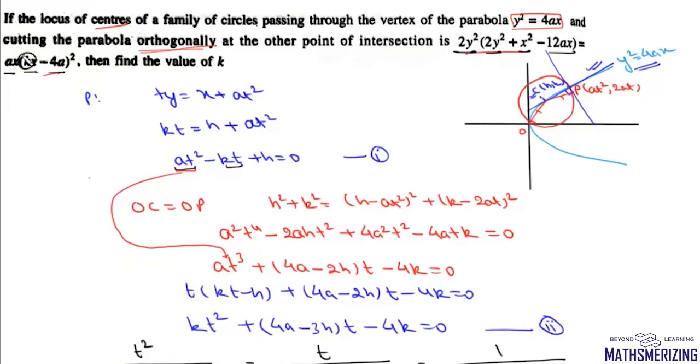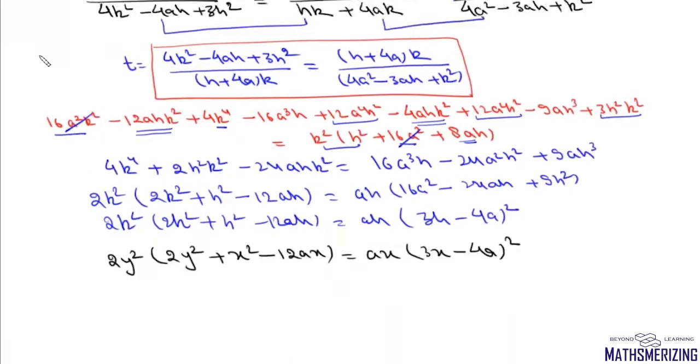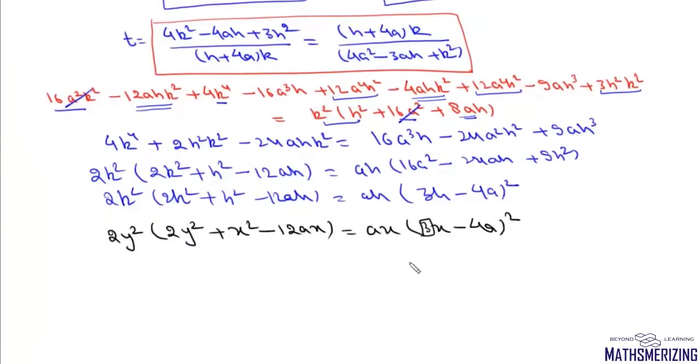So we need to find the value of k, and k obviously in this case is simply 3. So the value of k is 3, and that is the answer to this question.